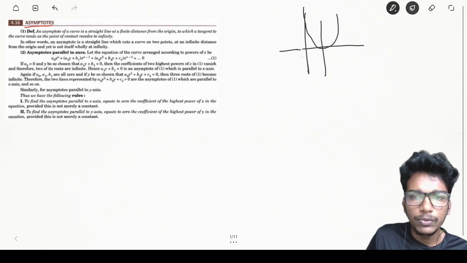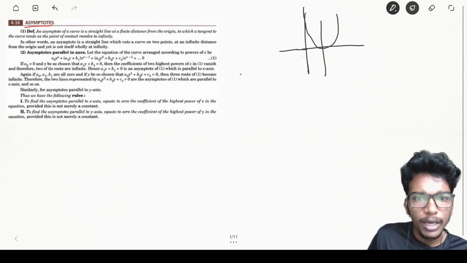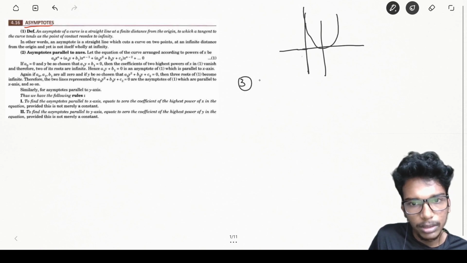How many types of asymptotes do we have? We have three types of asymptotes.